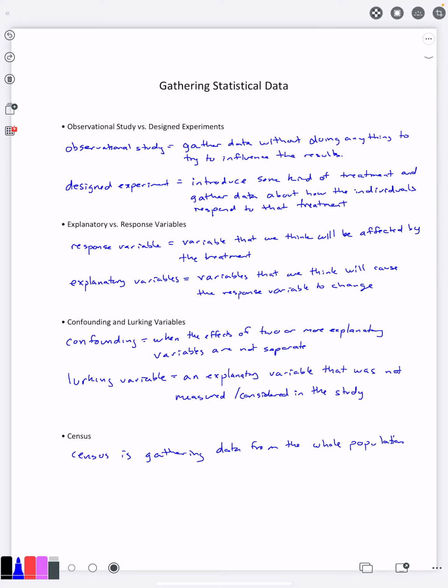And even when we try, it's still not going to be a perfect census. So census is like the perfect idea if it was free and took no time. You could get all the data about your population and be good to go. It's just not very realistic. So these are our main ways that we're going to gather data.